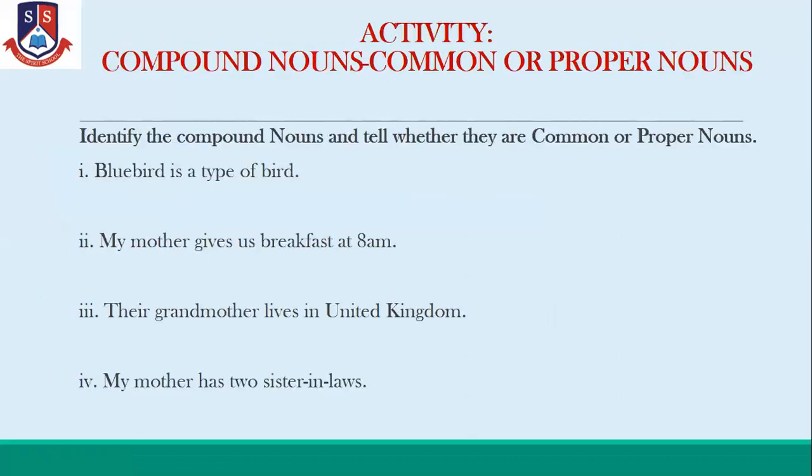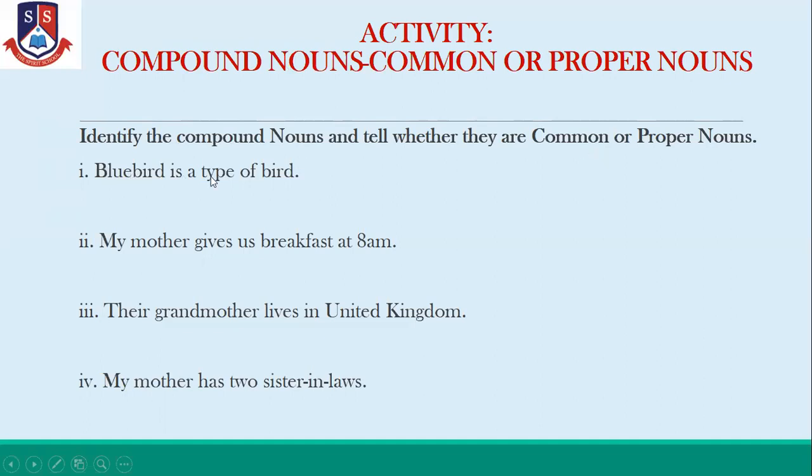Now students, related to the compound nouns, we are going to do an activity. You are supposed to find out the compound nouns first in the sentence and tell whether the identified compound noun is a common or proper noun.